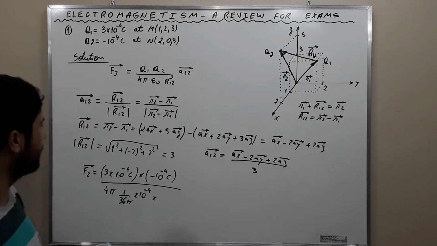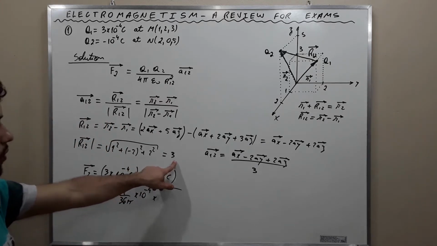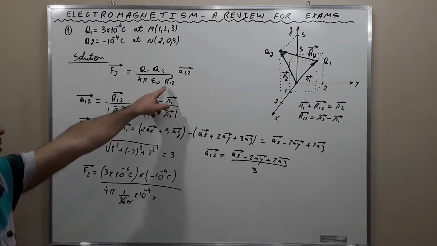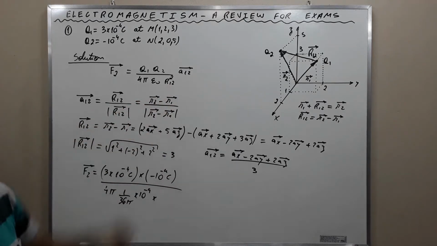The magnitude of the vector is 3, so here it is 3 squared.